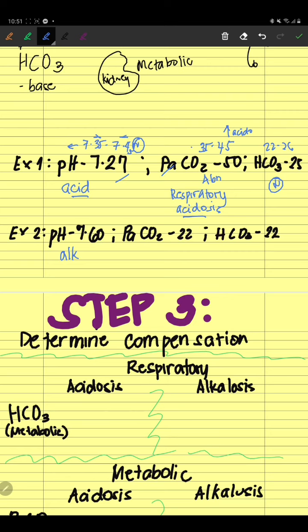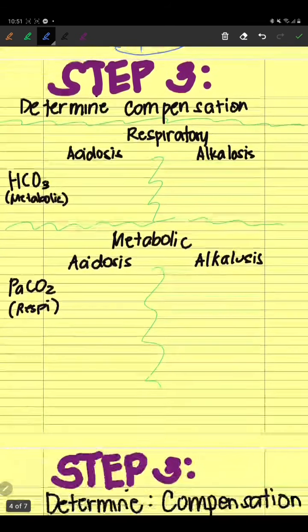So, pag konti ang PaCO2 natin, we know that that is alkalosis. This is respiratory alkalosis. Kasi, carbon dioxide is respiratory. HCO3 naman is 22 to 26. That is normal. So, in this case, you know that this is respiratory alkalosis.